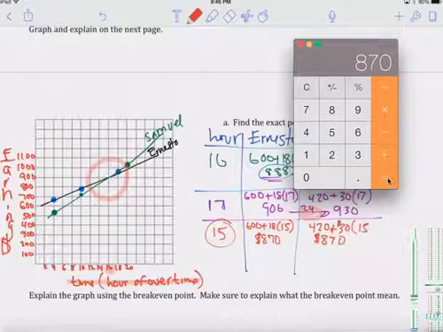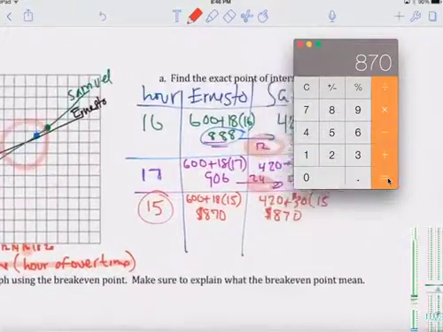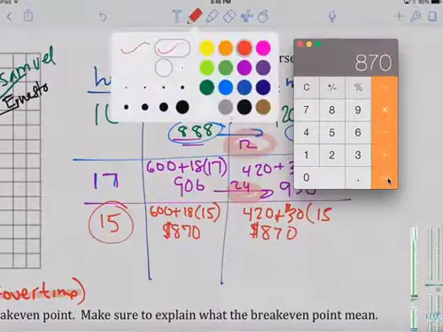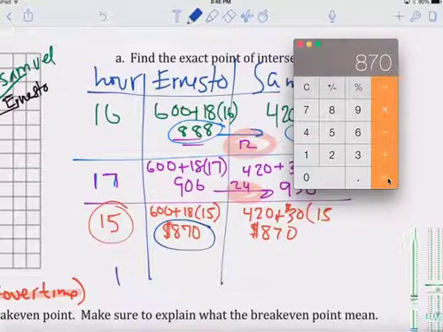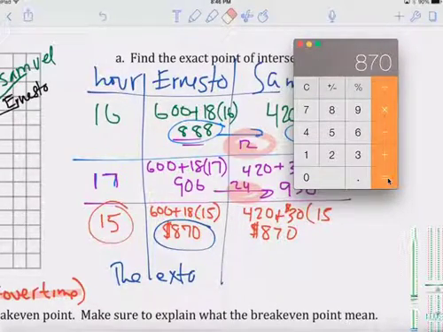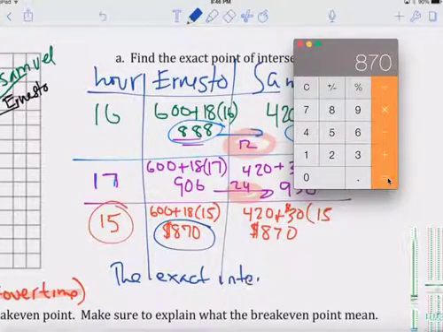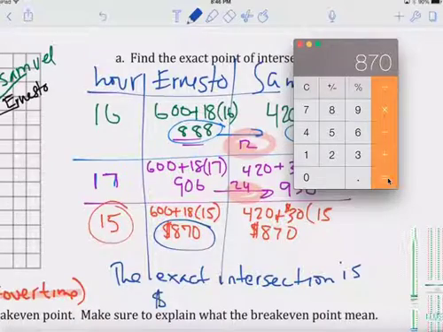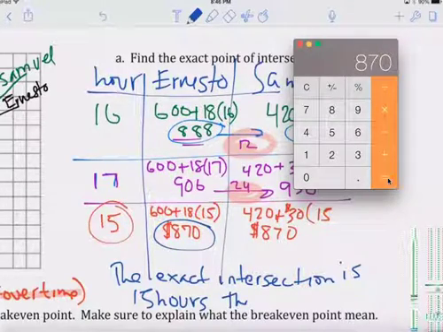After 15 hours, though, the exact intersection is 15 hours of overtime.